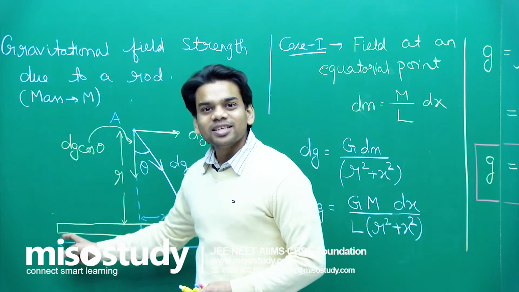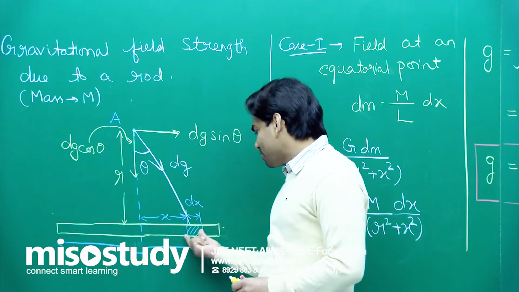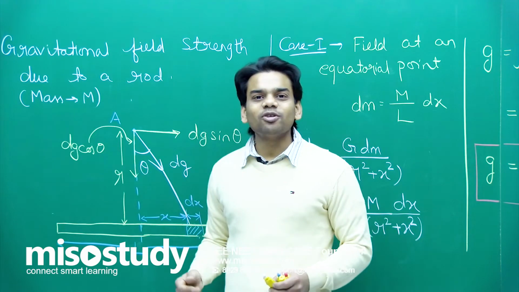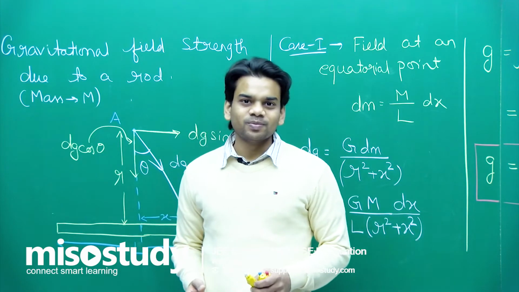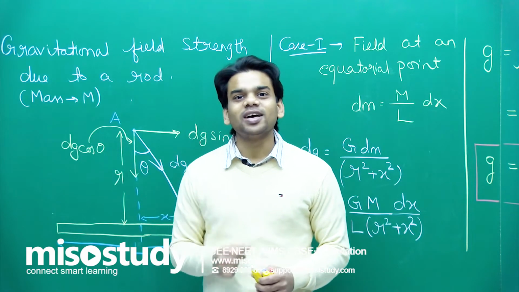So the initial limit of x will be minus L by 2, and when this dm is lying at the extreme right end, the value of x will be plus L by 2. So the limits of x will be minus L by 2 to plus L by 2. This is what we are going to put in our integration.